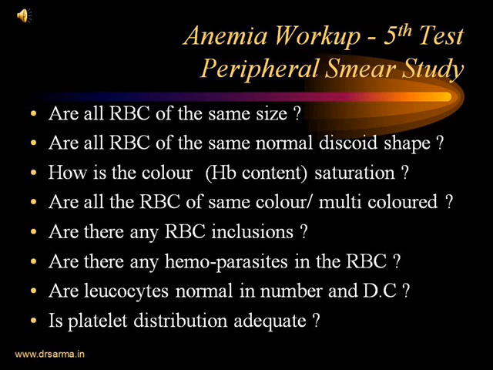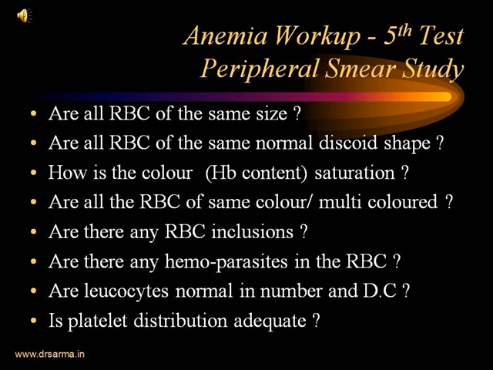Now the following questions have to be answered when we look at a peripheral smear. The first question is, are all RBC of the same size? Isocytosis means all are of the same size. If they are not of the same size, then it is called anisocytosis.